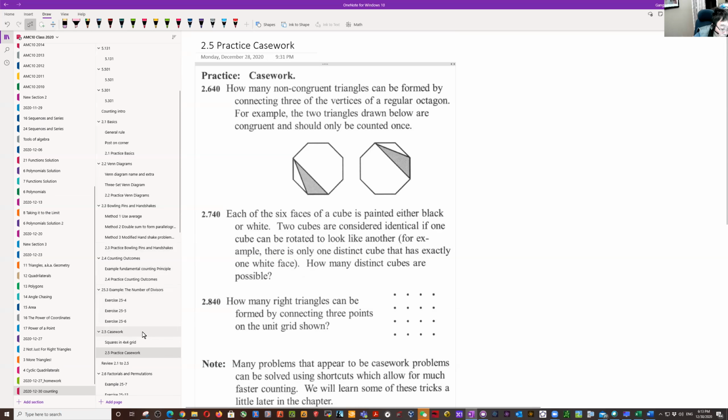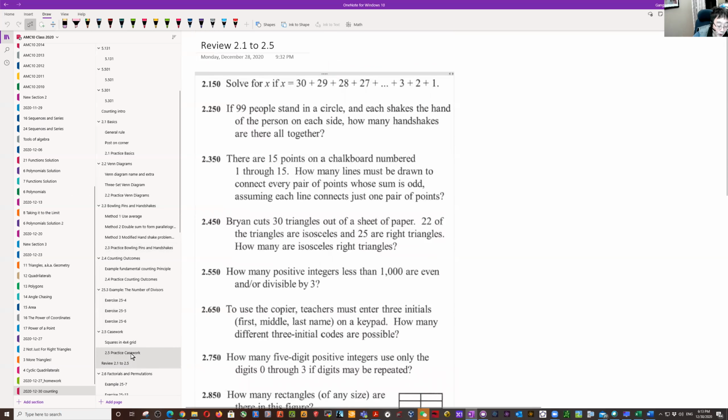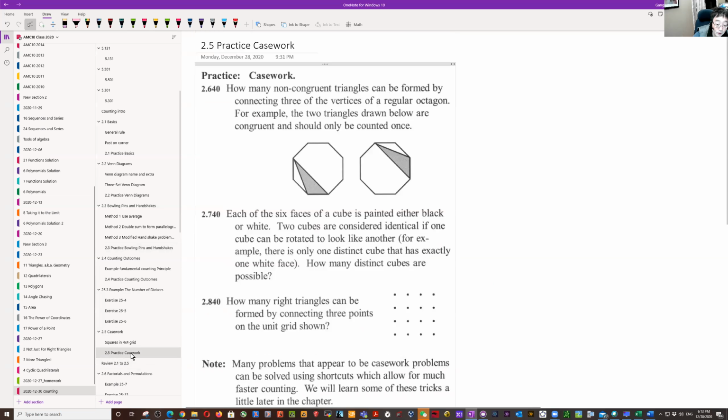Casework a lot of the time could get more difficult very quickly. So we have to use other methods to really make things easier.